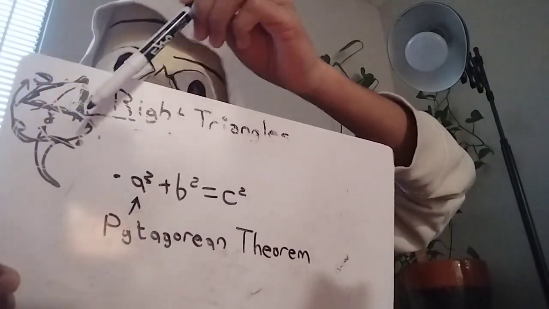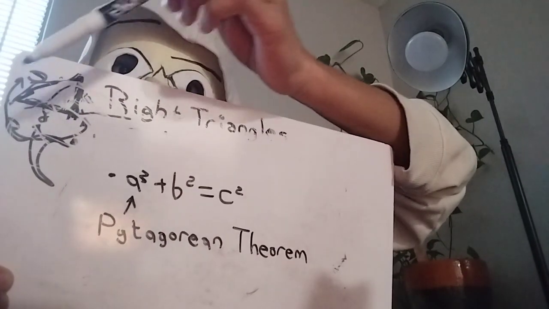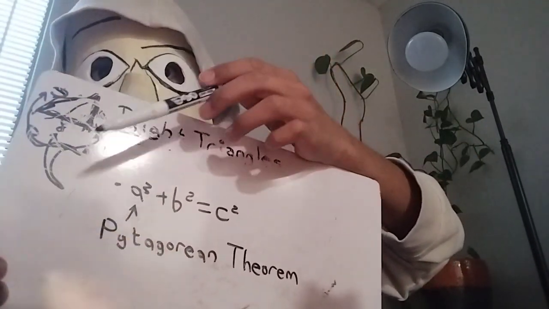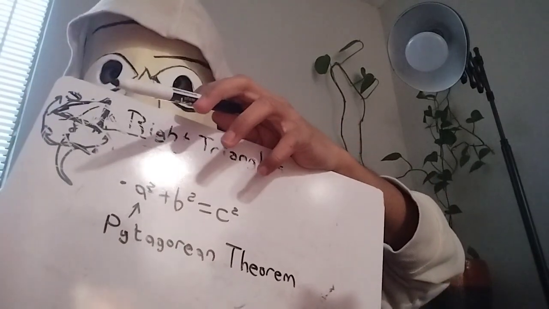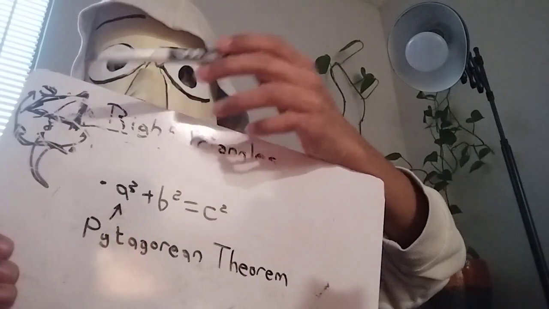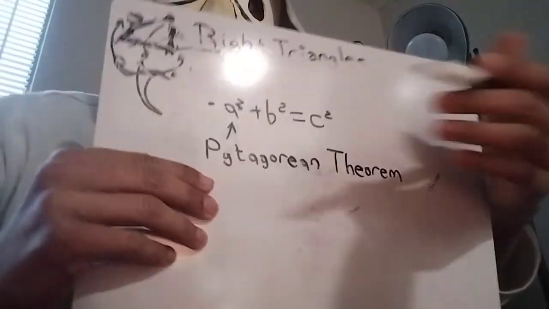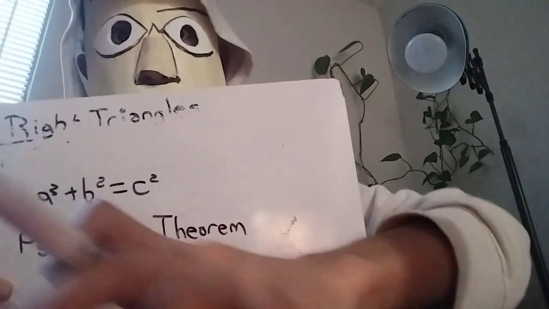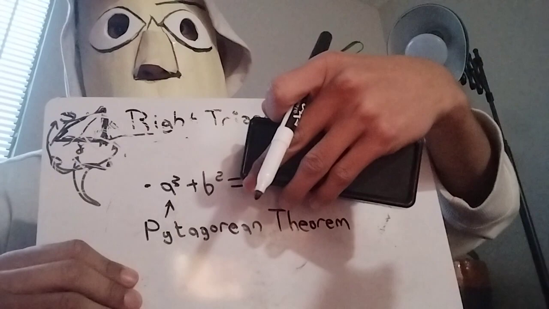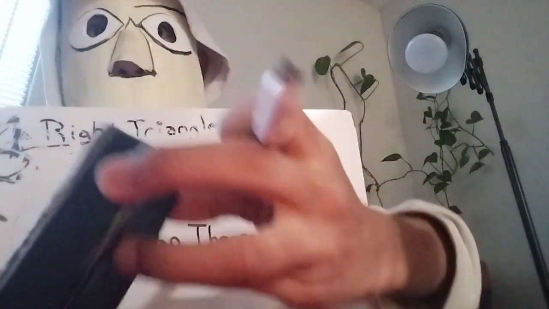Now, you might have noticed that I've labeled these a, b, and c right here. You want to find out at least the length of two of these sides before knowing the next. To find it, you need to replace whatever variable there is with the number you're working with. You need to know some algebra for this.